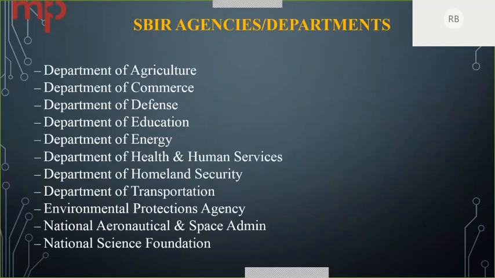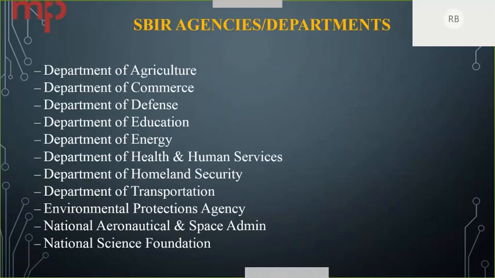These are the agencies that we're talking about. There are 11 agencies, and they're all listed here. There are sub-agencies that are part of these agencies that are listed up here. For instance, the Department of Commerce has two major agencies that are not up here because it's not part of the main 11 agencies.